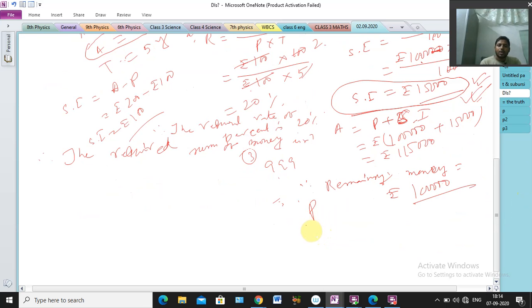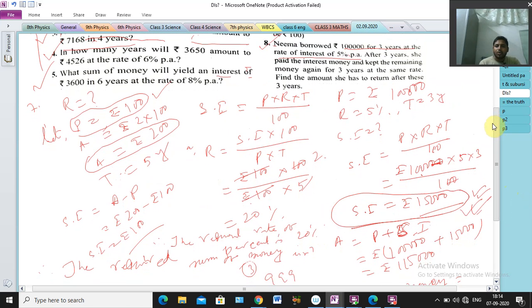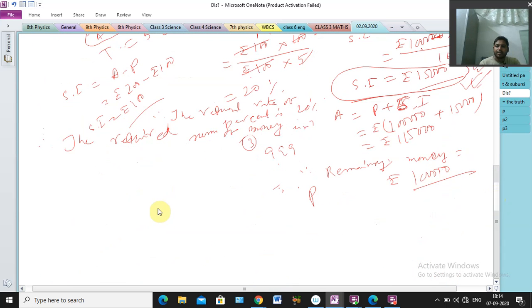Now she kept the remaining money again for 3 years at the same rate. That means the rate of interest is the same. Second case: SI equals the same formula, P into R into T by 100.